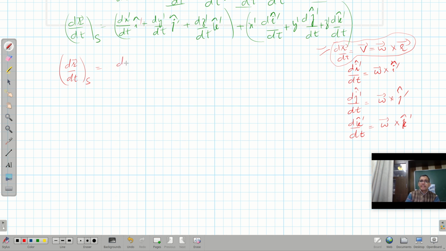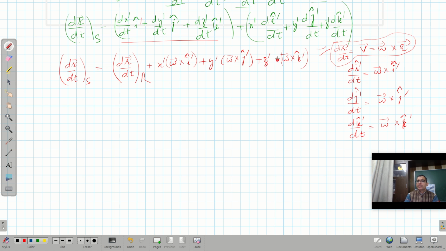So it can be written as dr over dt in rotating frame, plus x prime omega cross i prime plus omega cross y prime j prime plus z prime omega cross k cap prime.